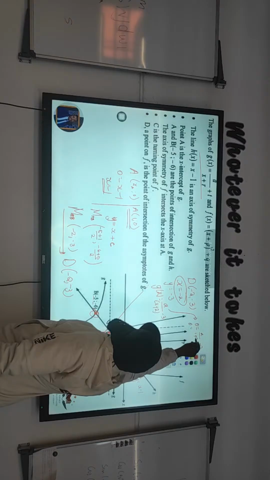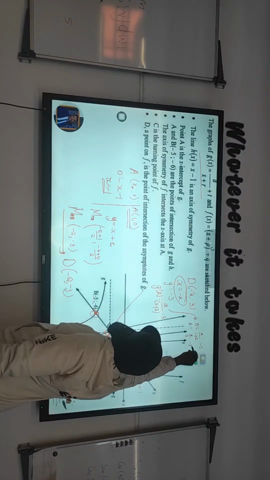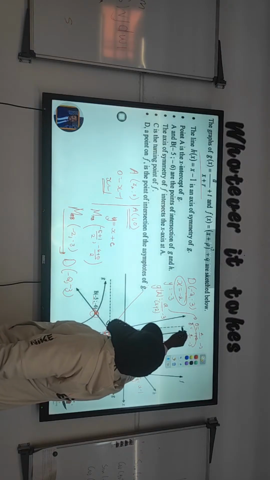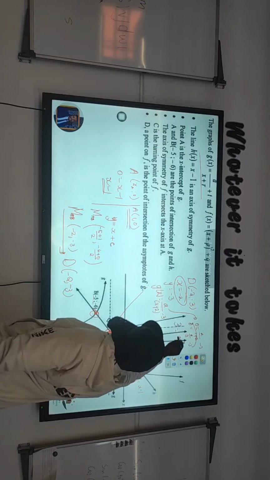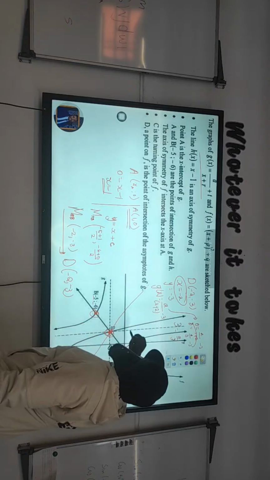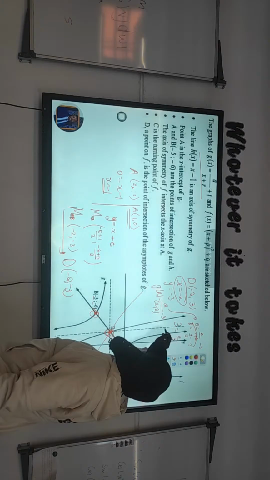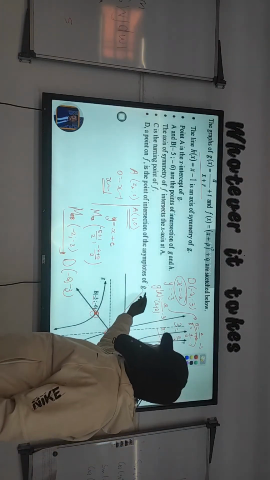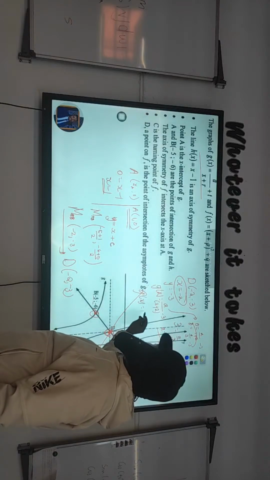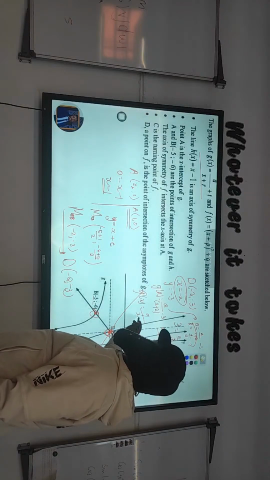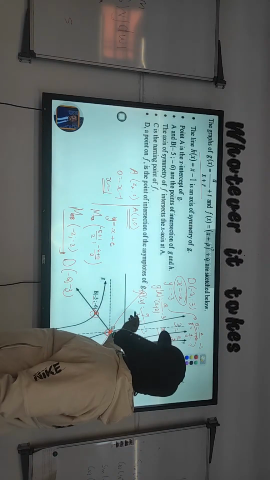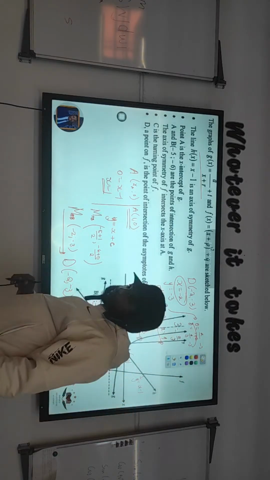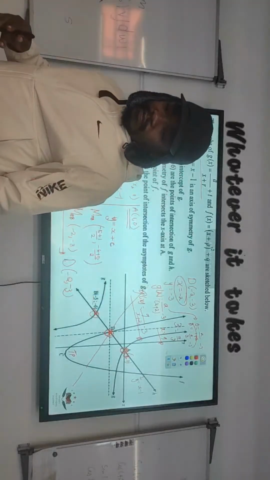So 0 is equal to a over 3 minus 3. Transpose this to the other side: 3 equals a over 3. Then I cross multiply, and my a will give me 9. Then I go back and say, g of x is equal to 9 over (x plus 2) minus 3. We have found our equation of g.